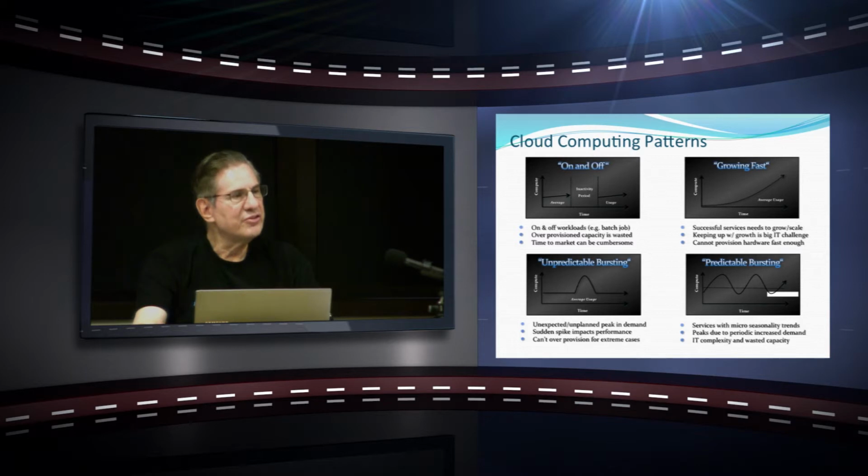There's two bursting scenarios. There's predictable bursting. Predictable bursting is where at certain times of the year or certain times of the month or certain times of the day, you're going to have a peak demand. And this is actually the pattern that created the whole cloud revolution to begin with. Because Amazon, who was the first company into the cloud, had excess capacity. Why?